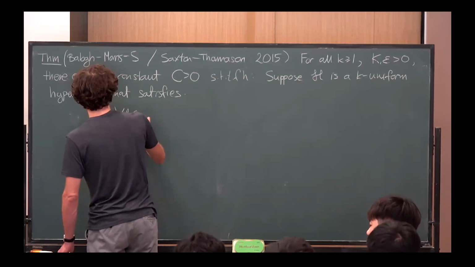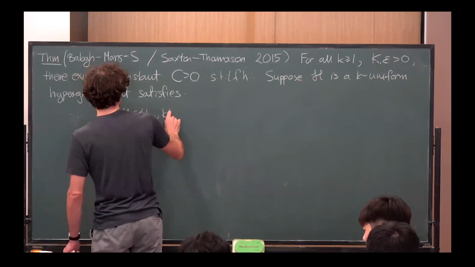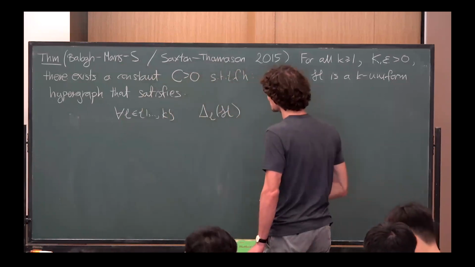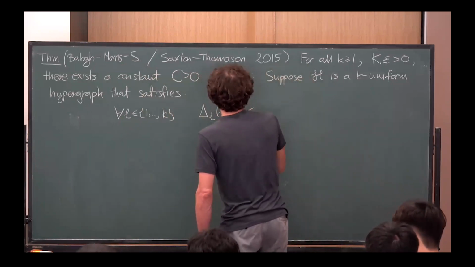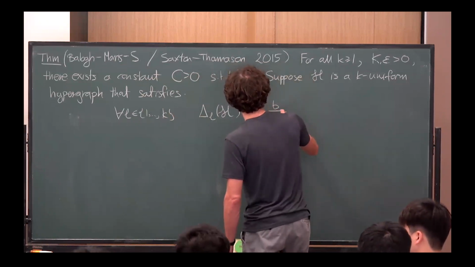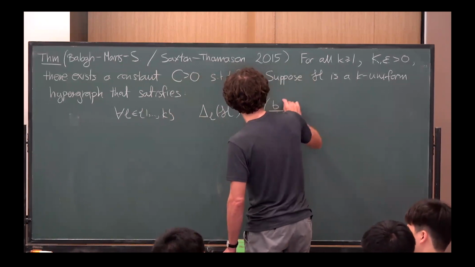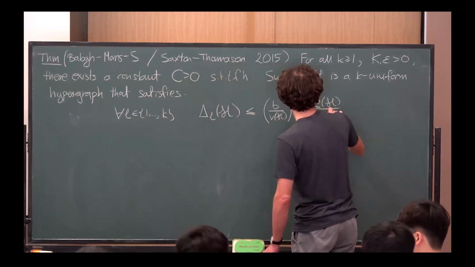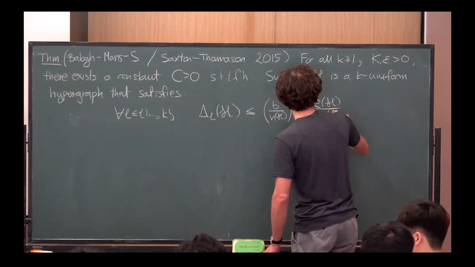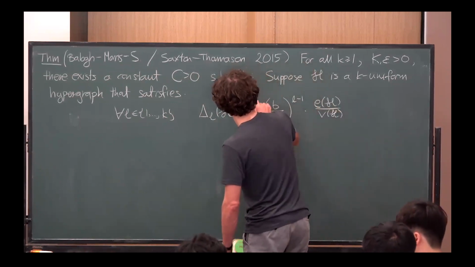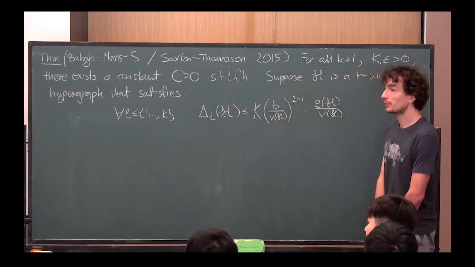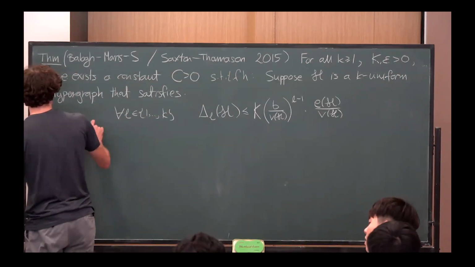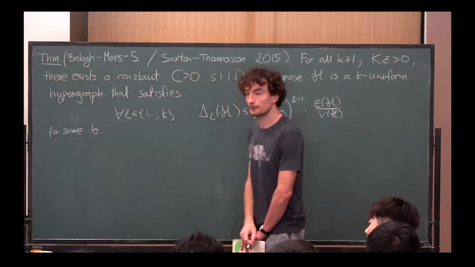For every ℓ between 1 and k, this maximum ℓ-degree is at most some number b divided by the number of vertices to the power ℓ-1, times the ratio of edges to the vertices, and here I put a constant k for some integer b, which is a parameter.